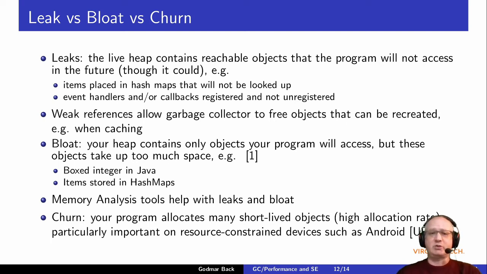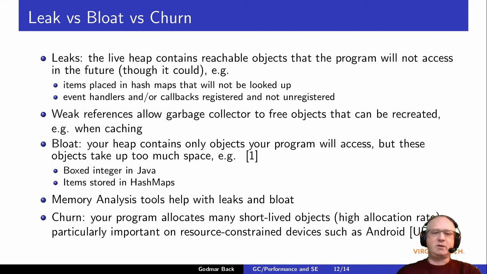Boxed integers, those are capital Integer with capital I or capital Long, are a particular source of this overhead. There is a 2011 paper by Chis and others that analyzes this. This is the paper that I added to the references here. So this is referred to as bloat.